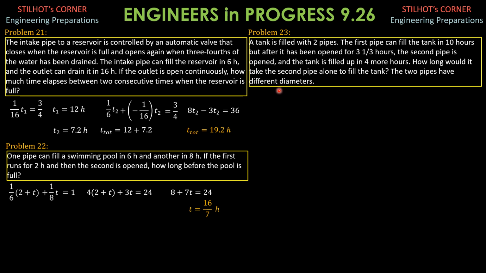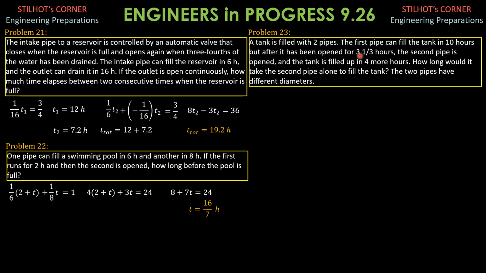The two pipes have different diameters. So the rate of the first is 1/10 and the rate of the second is unknown. We will call it 1 over T sub S, where T sub S is the time for the second pipe working alone to fill the tank completely.